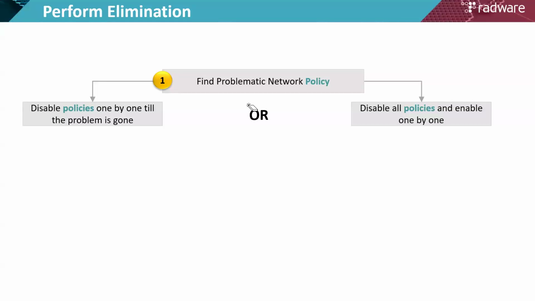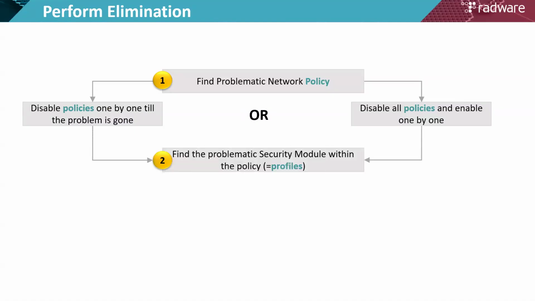If you enable the policy and you still see that the problem is there, then you can conclude that that particular policy was causing the issue. You can then dive deep into that policy and check the individual profiles within it. Once you identify which policy was causing the issue, I'll just explain it once again.